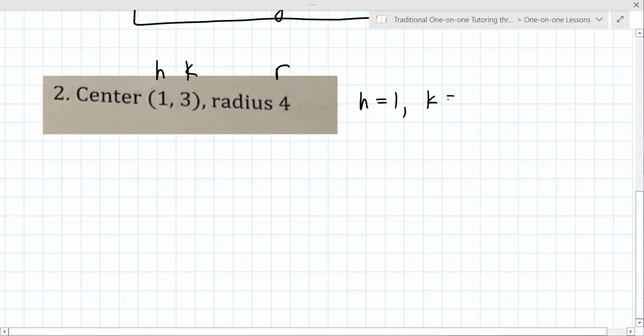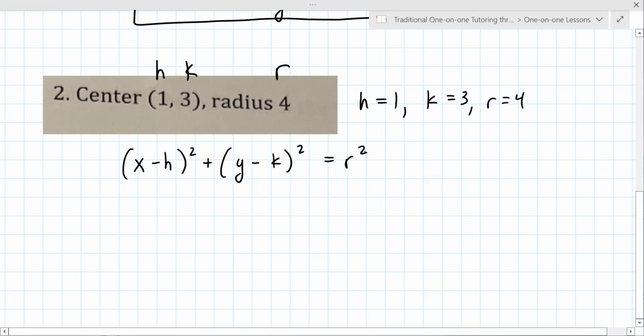Then the equation is x minus h squared plus y minus k squared equals r squared. That's the equation you have to know, Sourish, or have it in your notes for the quiz or test.